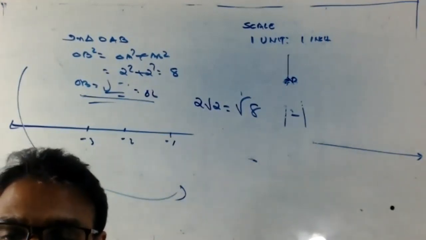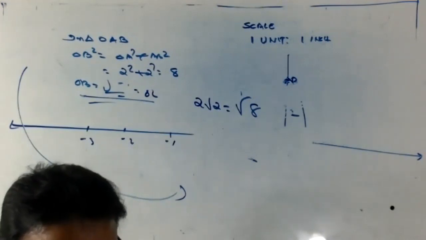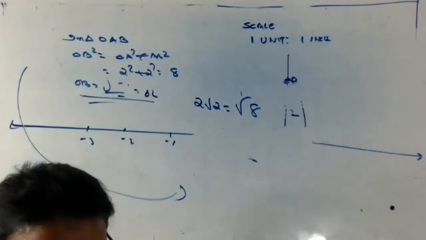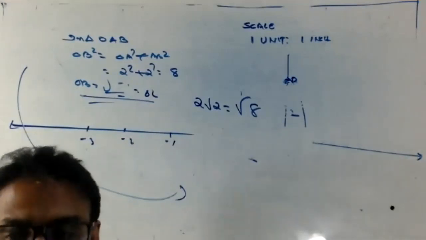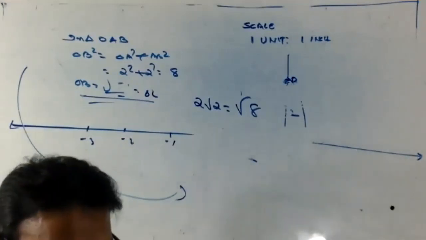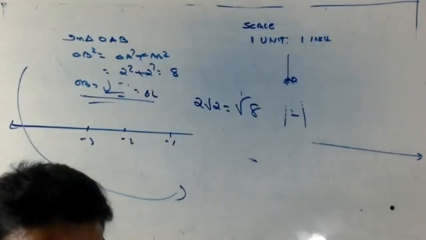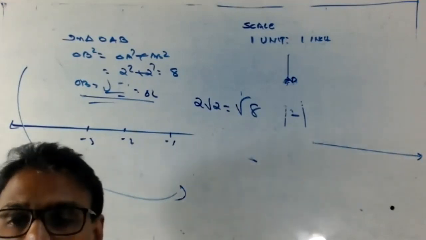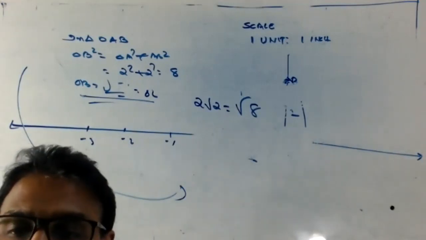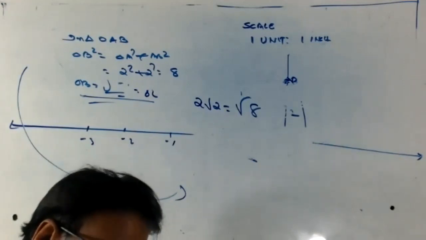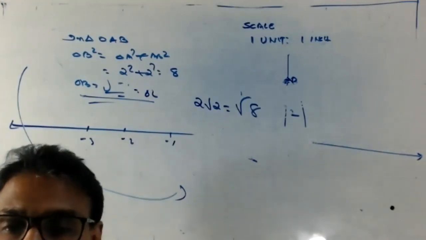Vidya, come on, answer. Root of 13, you took, it is 3 square plus 2 square, right? Base, you took 3. And height, how much did you take? Why 1 unit? Should be 2 units.